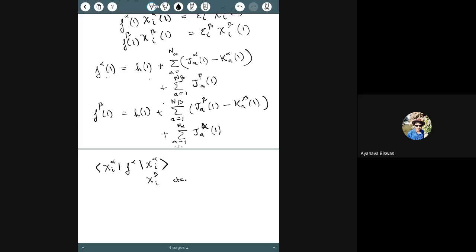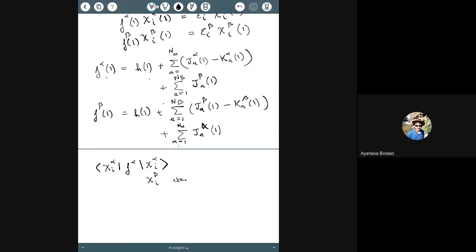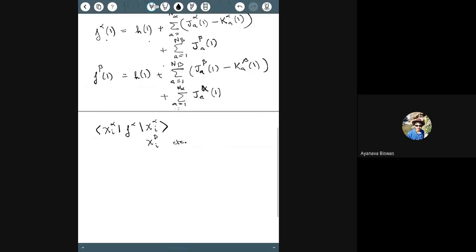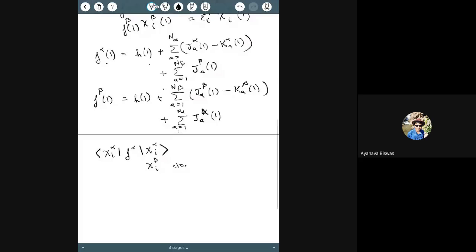I guess you can see that it will work out. You have to just do the algebra. Then, once you do that, you will see that the matrix elements of the H, or the one electron part of the Fock operator, that is the same as you would expect.